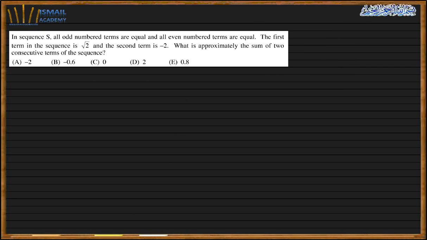In sequence S, all odd numbered terms are equal. So this is a sequence. We have U1, U2, U3, U4, U5, U6, U7, and so on.